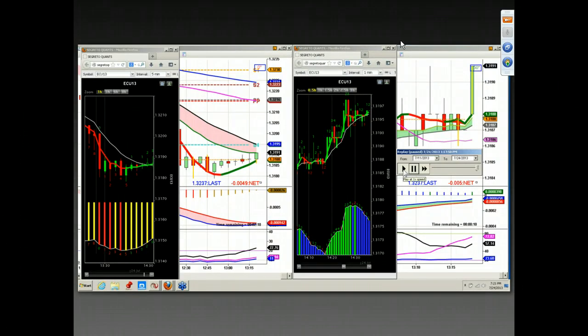So, for those of you that can understand the perfect trade criteria pretty quickly, do we have an entry at this point?